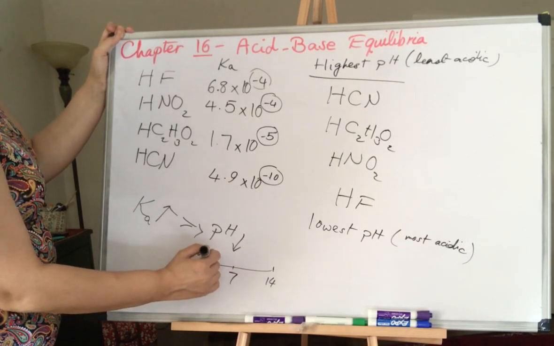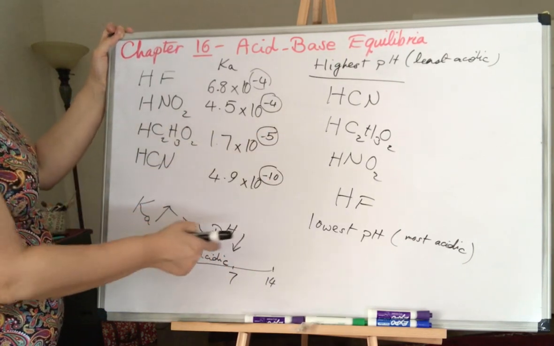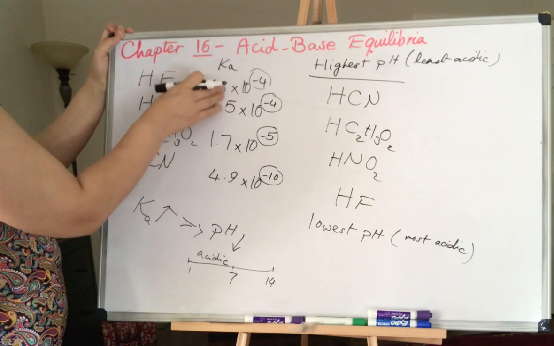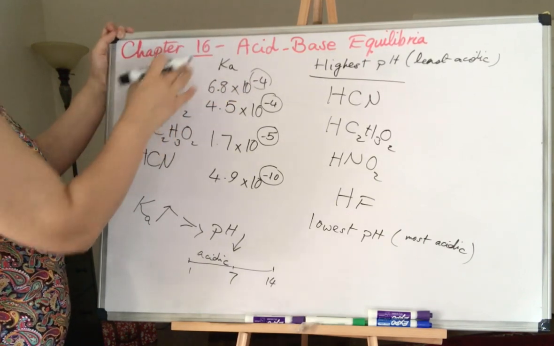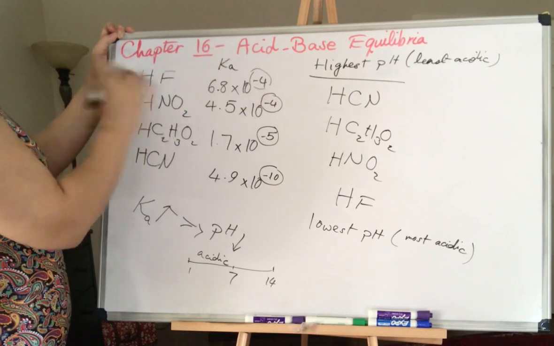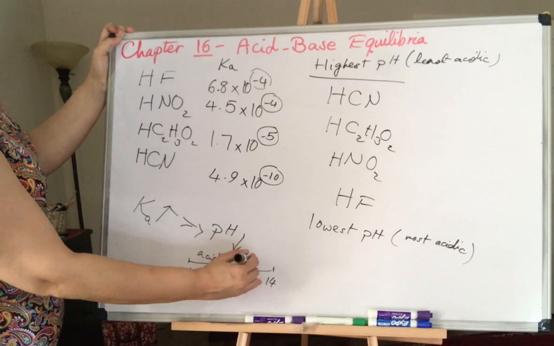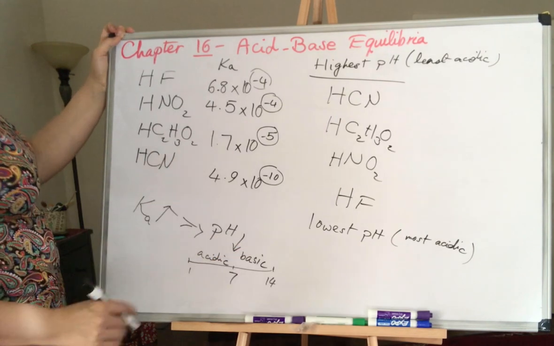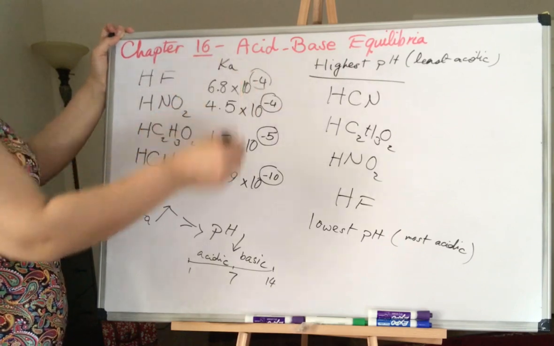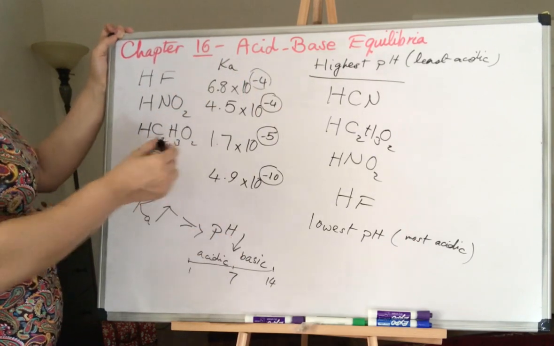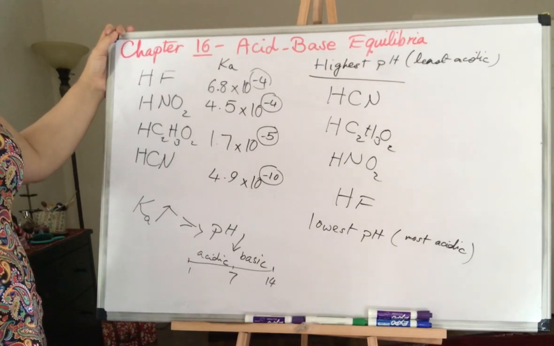Okay? And the lowest pH means, if you remember, the scale of pH is from 1 to 14, pH lower than 7 is acidic. So the lowest pH means it's more acidic, and that makes sense because Ka is higher, meaning products are higher than the reactants, meaning it was a better, stronger acid to change to more products. And if the pH is higher, the compound is more towards basic, and Ka is lower.